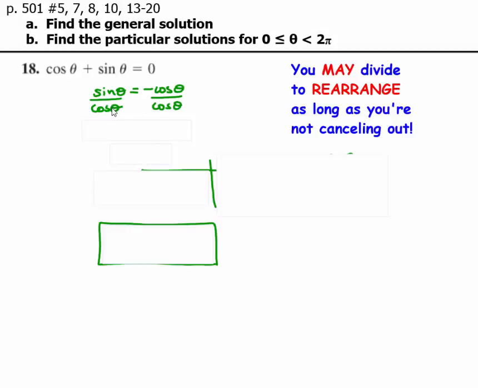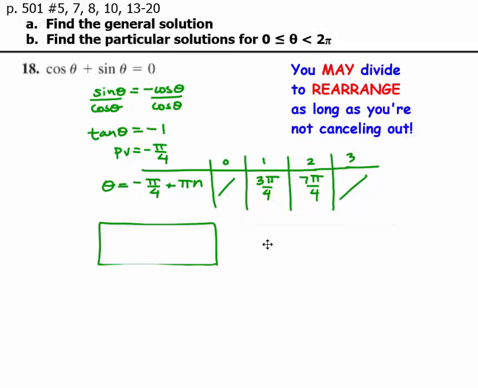So as long as you're just dividing to move it and you're not going to cancel it out, then it's okay. Because now what we have is we have tan theta is -1, which we can work with. We can get our principal value, we can get our general solution equations, and then we can find our particular solutions from there. Okay, so if you need a little time to wrap this problem up, go ahead and pause the video as necessary.